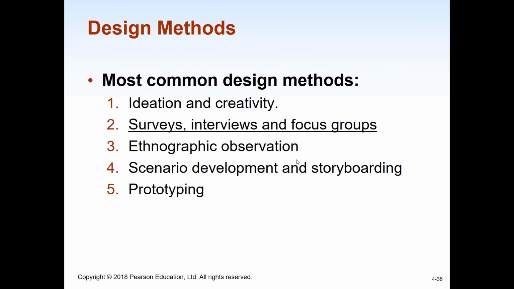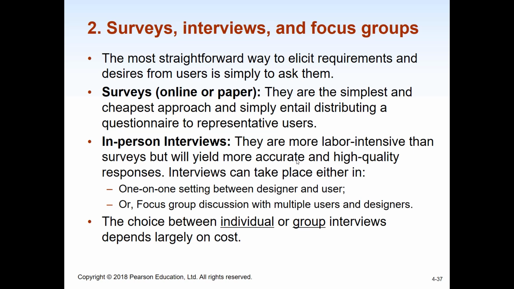The other one is surveys. The second design method: surveys, interviews, and focus groups. The most straightforward way to elicit, to collect, to gather requirements and desires from users is simply to ask them. Ask them, either by surveys, either online or paper.